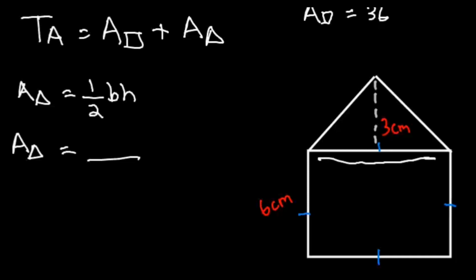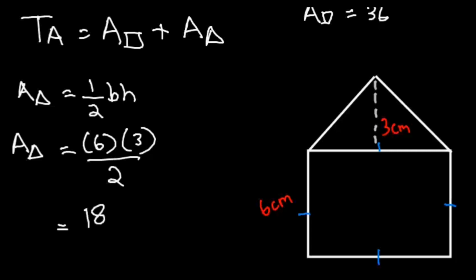The base is 6, and the height is 3 over 2. 6 times 3 is 18 over 2, which is equal to 9 centimeters squared. Oh yeah, I forgot to put centimeters squared with the 36, sorry.